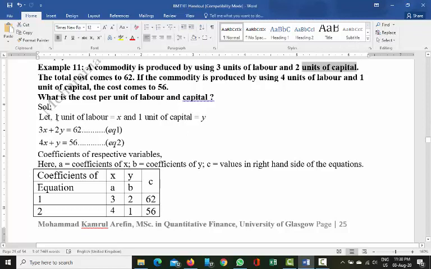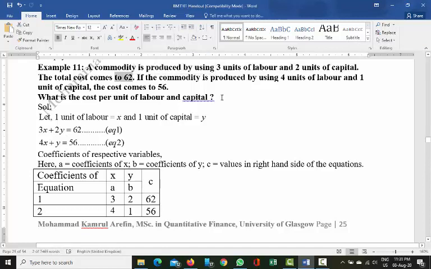So let us assume that 1 unit of labor costs X taka and 1 unit of capital costs Y taka. So a commodity is produced by using 3 units of labor, that means 3x, plus 2 units of capital, that means 2y. So 3x plus 2y, and the total cost becomes 62.